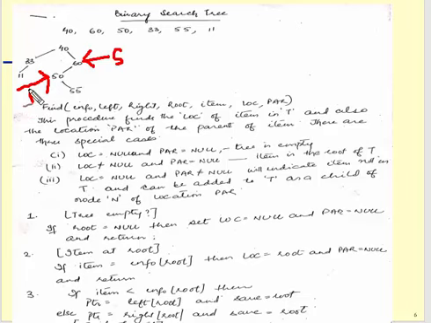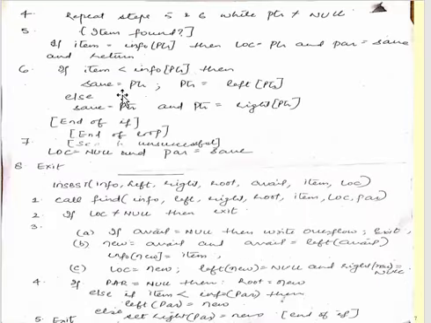Now again you are checking that while pointer is not equal to null. Save is becoming pointer, pointer is left of pointer. This is the end of this loop. So again you are going here, checking while pointer is not equal to null. Is pointer null? No, pointer is not equal to null.